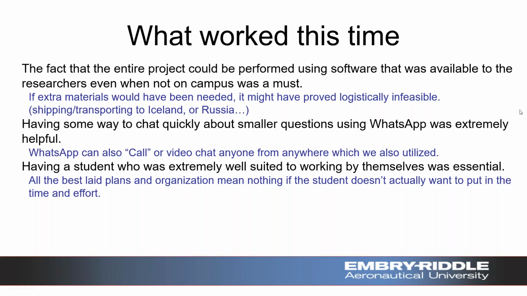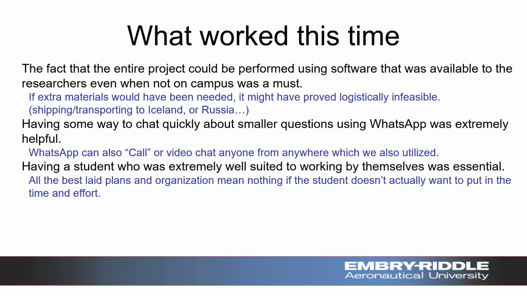Having a way to quickly chat about the smaller questions was, I think, crucial, because it kept the flow going. So it wasn't like, you can only email us once or twice a week. It made for those smaller questions of, well, I tried this and it didn't do exactly what I thought. What do you think I should change? It made for a quicker exchange to keep the student motivated and moving along in their project.